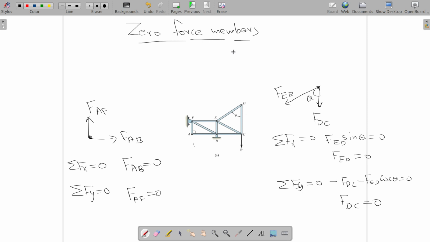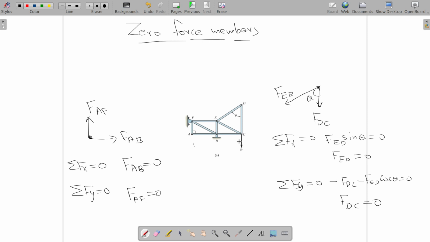So the zero force members are used in such cases. So you know how to recognize these members now. Two members, no other external force, there will be zero force members.